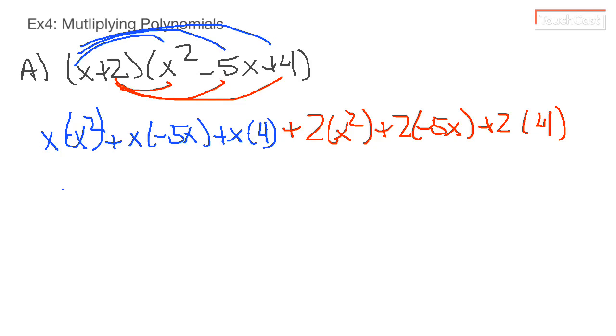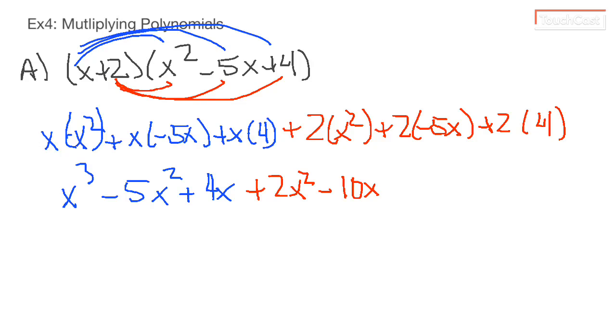And then we can simplify everything. X times x squared is x cubed. X times negative 5x is minus 5x squared, plus 4x, plus 2x squared, minus 10x plus 8. And then we can start looking at any like terms to combine. First, we only have one x cubed term, so I want to just write that first.